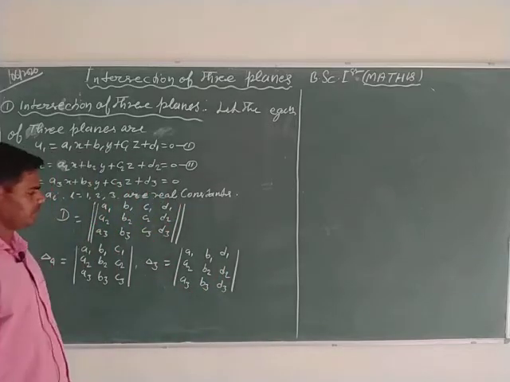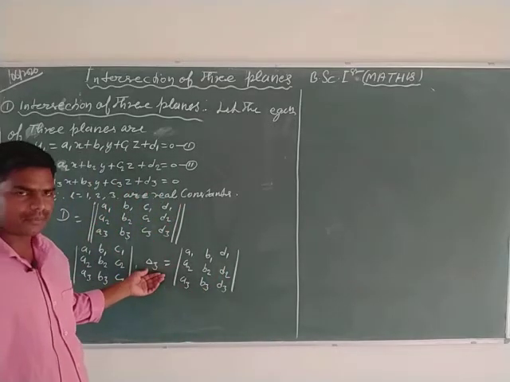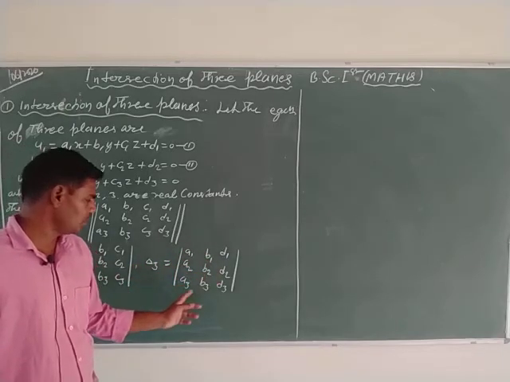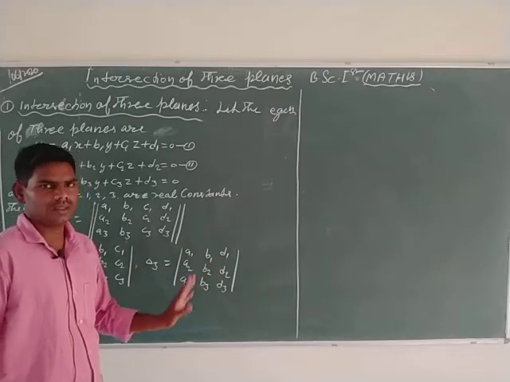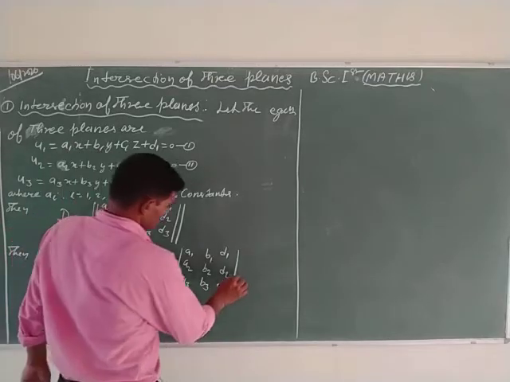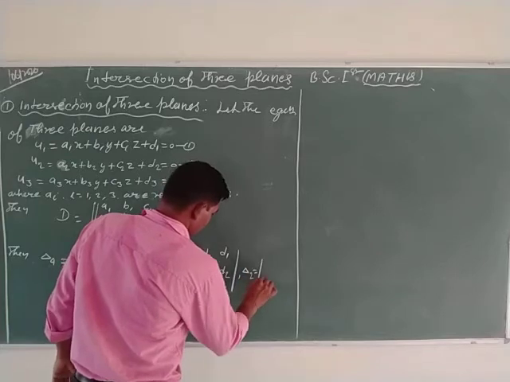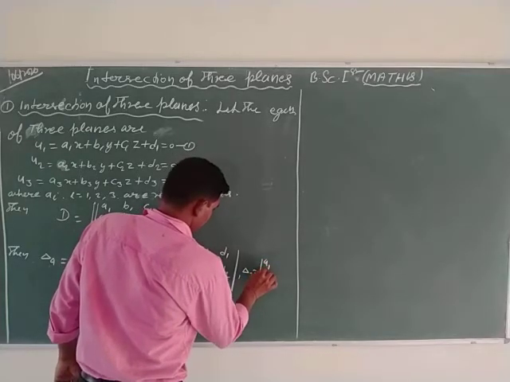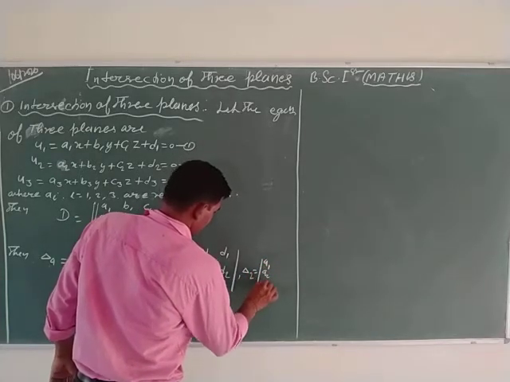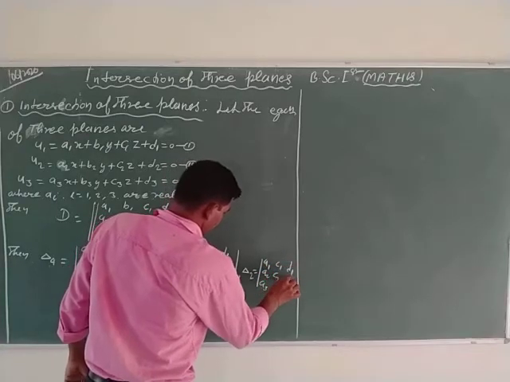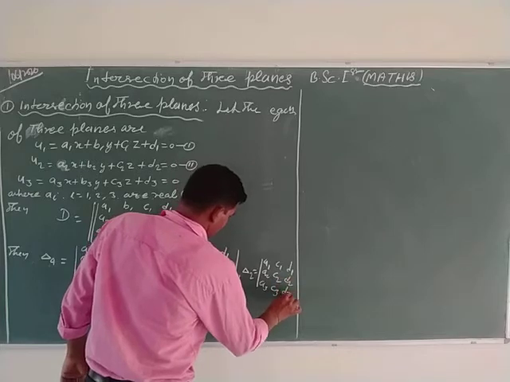So delta 3 is equal to the determinant a1, b1, d1, a2, b2, d2, a3, b3, d3. By the same process, delta 2 is equal to the determinant with columns a1, a2, a3, then c1, c2, c3, then d1, d2, d3.